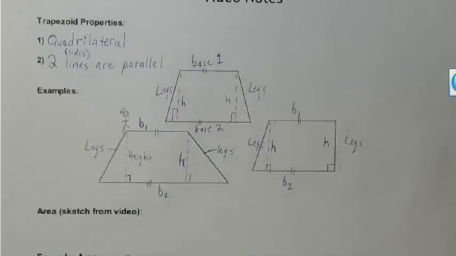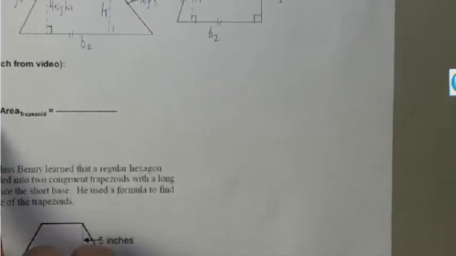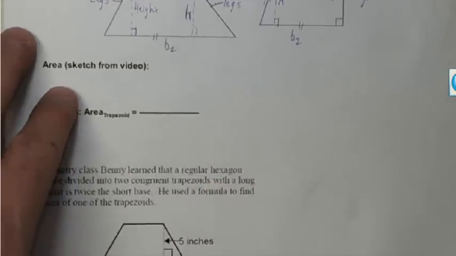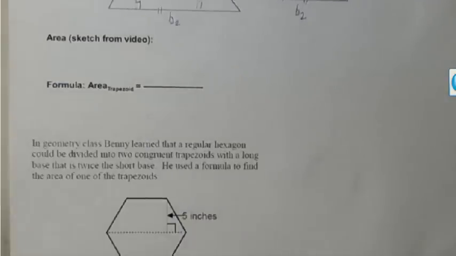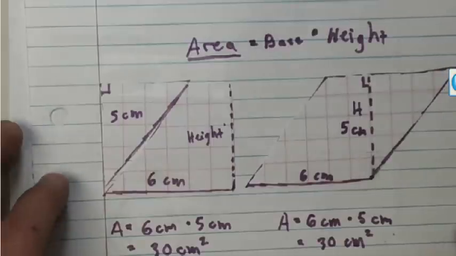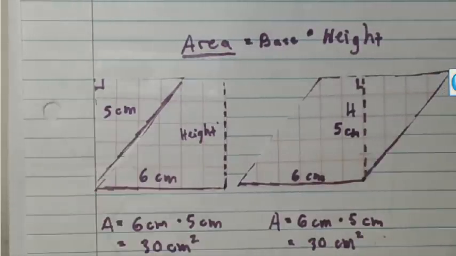Okay, we're going to talk about area, and for area I have this little example right here. I don't know if y'all remember, but on Friday we looked at the area of a shape that looked like this, and we call this a parallelogram.